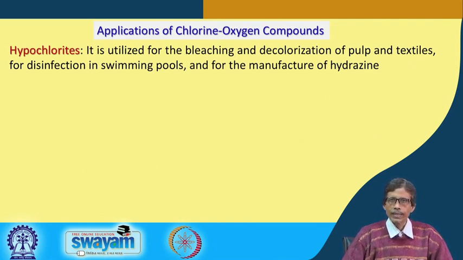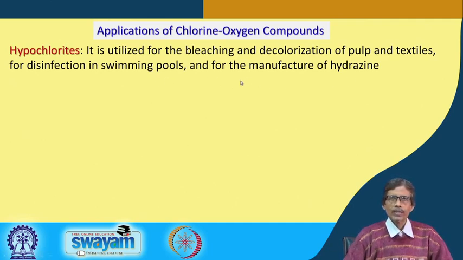Similarly, for the textile industry, we always try to have the bulk material from the textiles be colorless. And for the disinfection of swimming pools, we know the bacterial and fungal growth should be destroyed, so we use chlorine gas itself or hypochlorites to disinfect the water in the swimming pools and the surfaces or bottom of the pools.